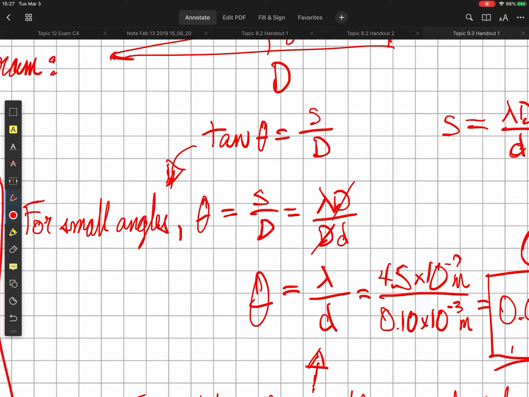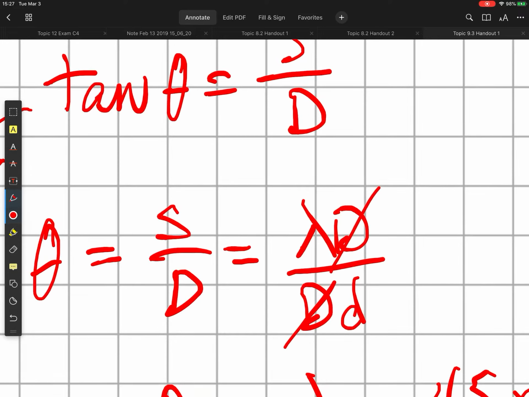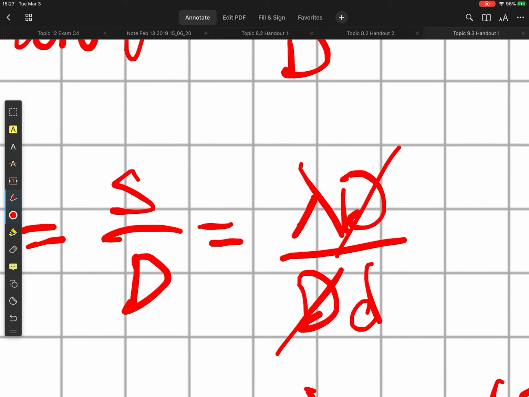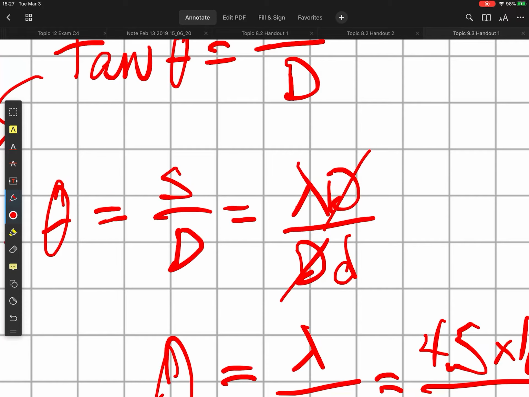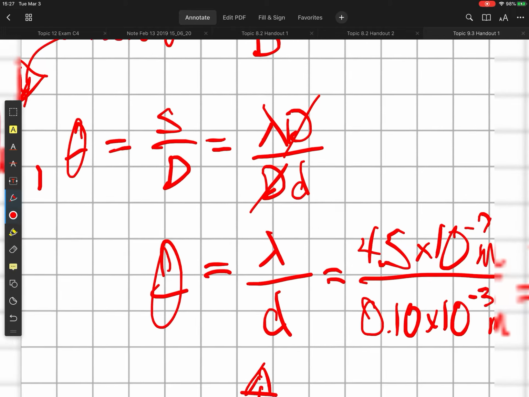So here we have the equation in the data booklet over here, where I've divided both sides by D. So S is equal to wavelength times big D divided by small d, and I've just added a D to the denominator of both sides of that equation.